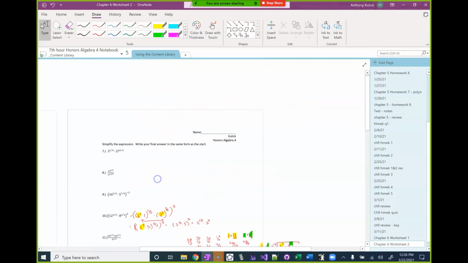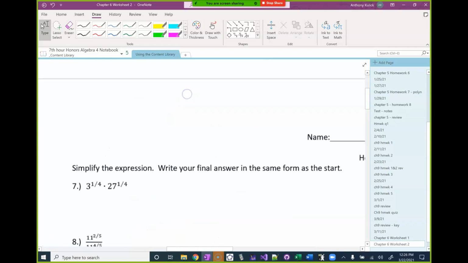One, you could notice that because the exponent parts are identical, we can use the power of a product property to multiply the bases together and keep the exponent the same. And then if we do a prime factorization of 81, that's 3 to the 4th. And the exponents multiply and you're left with just 3.